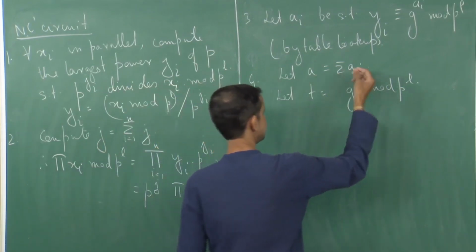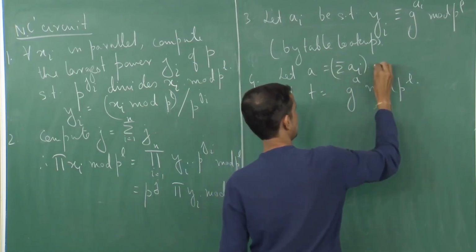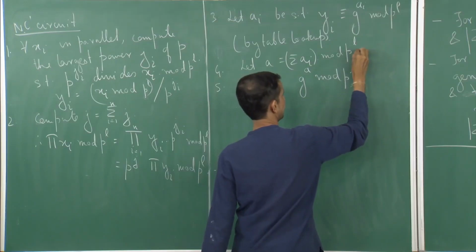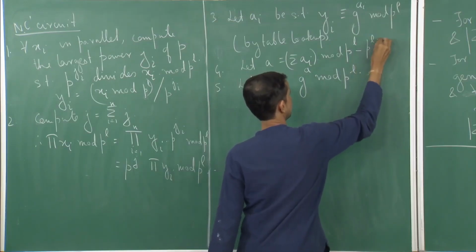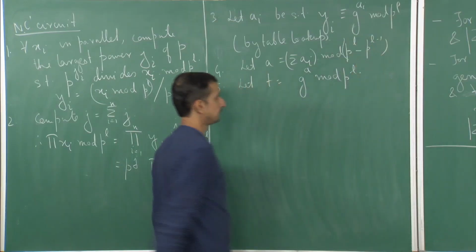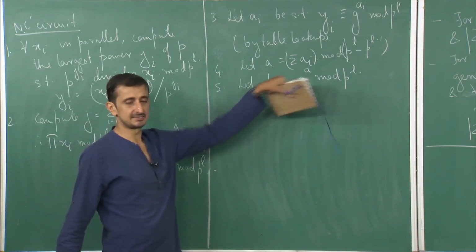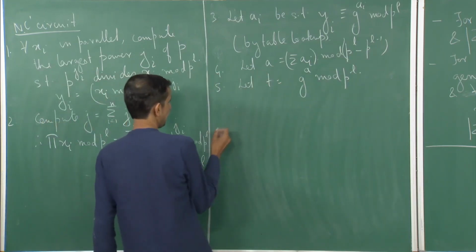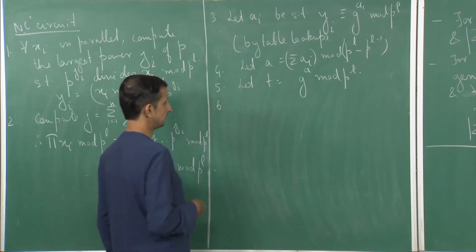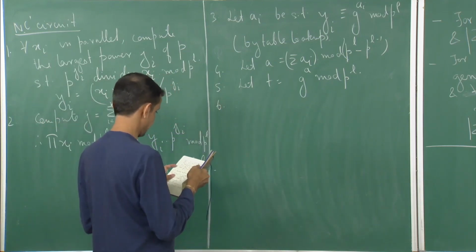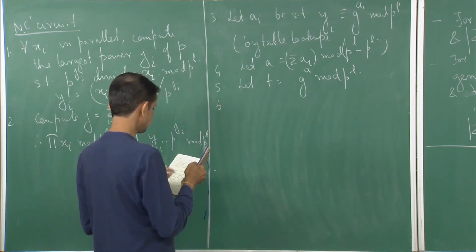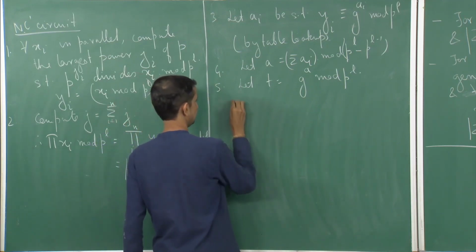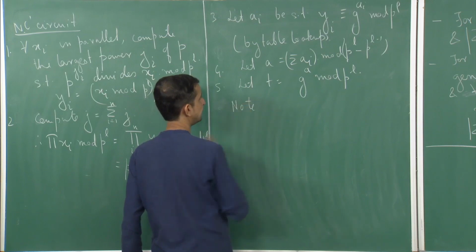So I actually just need to do this summation modulo p to the power l minus p to the power l minus 1. So I can just set a to be that. It's the same value, it will give me the same value over here. And now we will just compute the following in parallel.